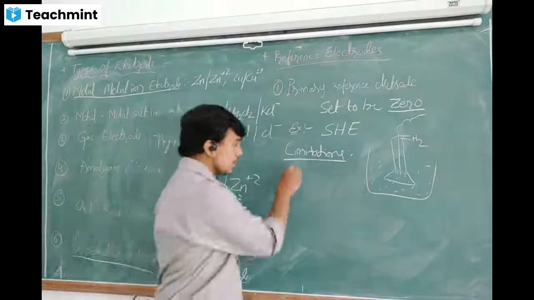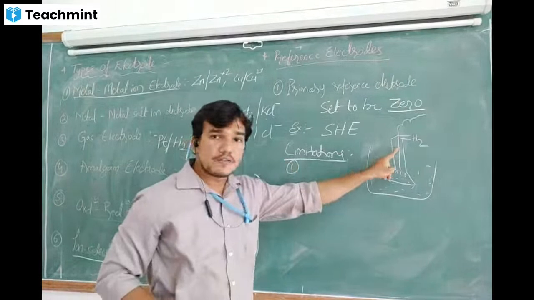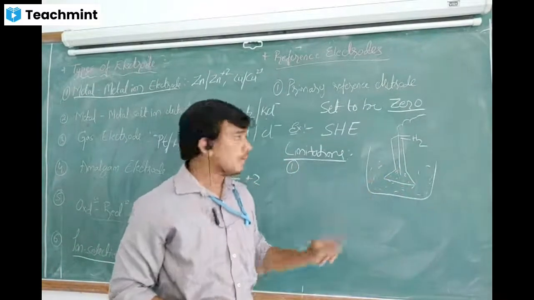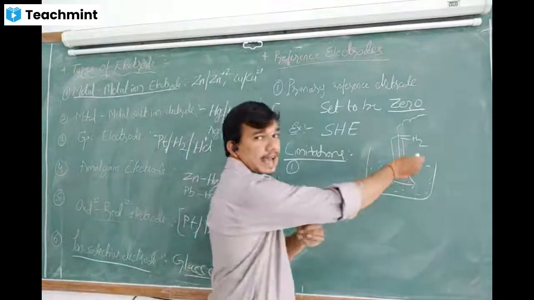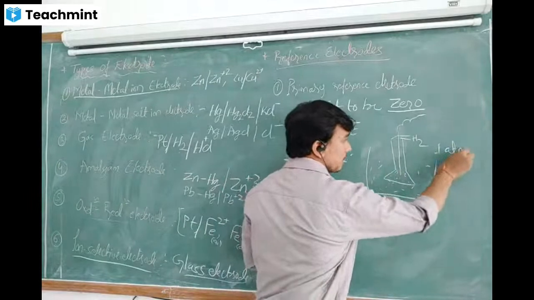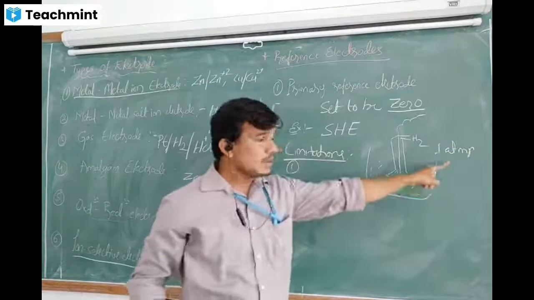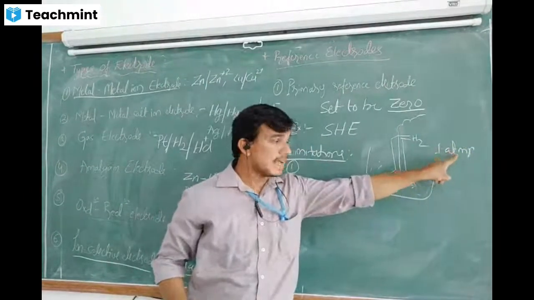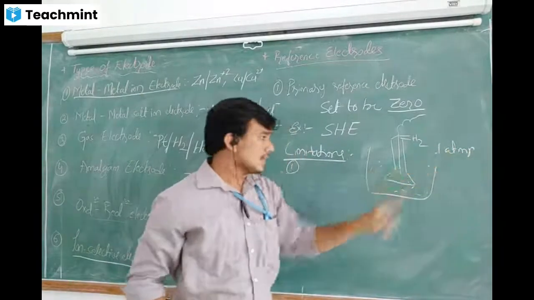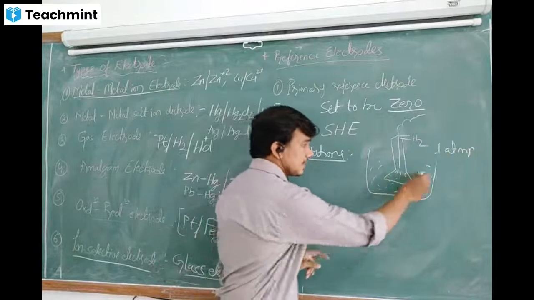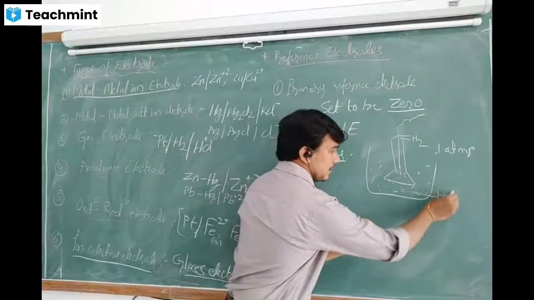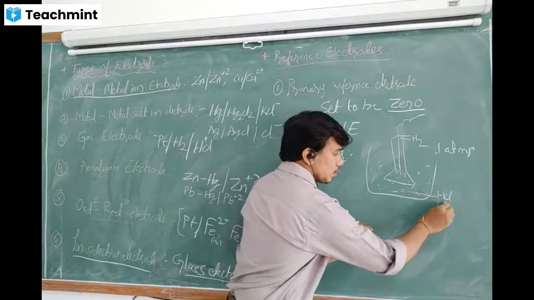So the first one is the construction of the primary reference electrode is very difficult. Why? Because we have to continuously supply the hydrogen gas at 1 atmospheric pressure. That is a difficult task. And also here the hydrogen ion concentration, HCl will be there, and the concentration should be unity.